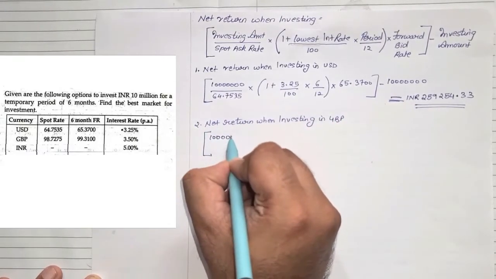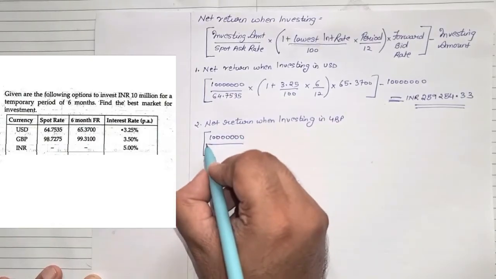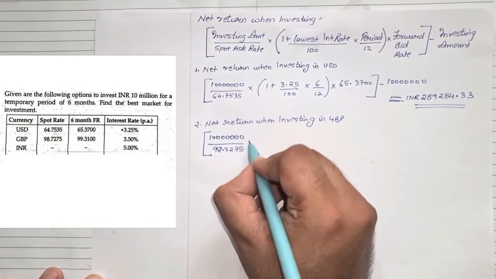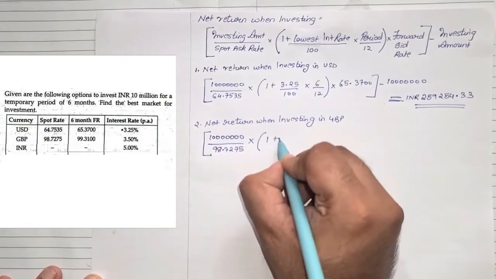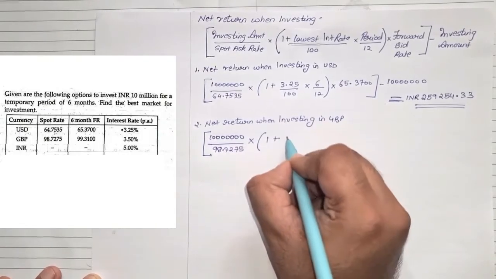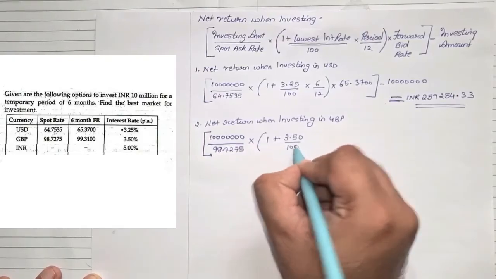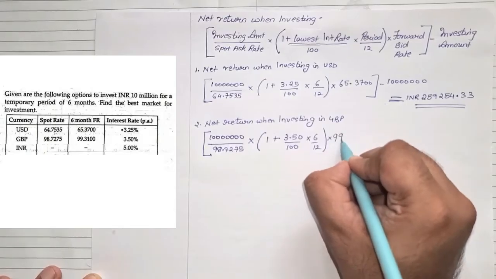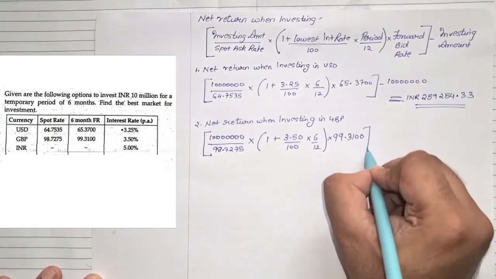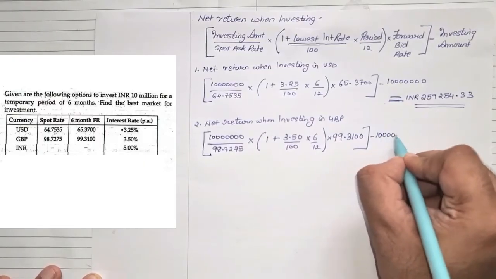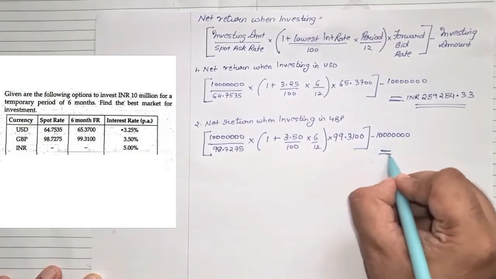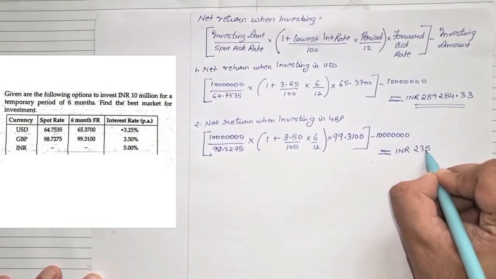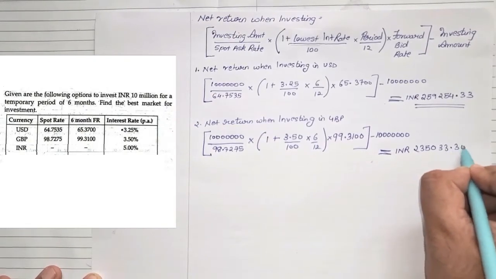Again 1 crore upon the spot rate, which is 98.7275, into 1 plus the rate, which is 3.50 upon 100, into 6 divided by 12, into 99.3100, minus 1 crore. The value that you will be getting will be INR 2,35,033.30.